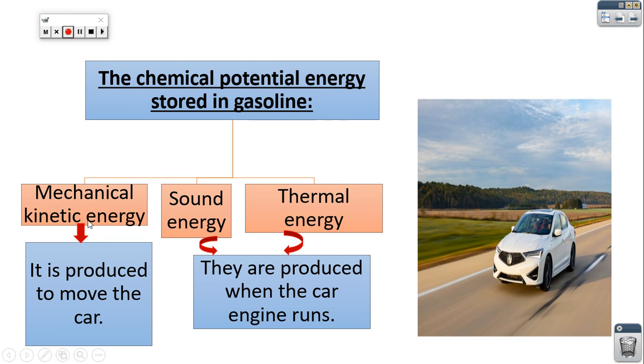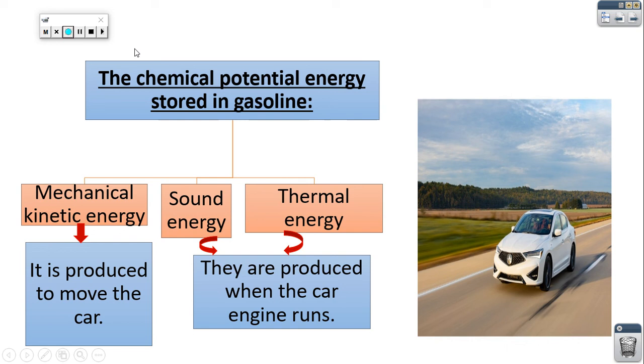And some of the mechanical or kinetic energy changes into electric energy when the engine of the car runs. When the car starts to move by changing the chemical potential energy into mechanical energy, the engine of the car starts to run.